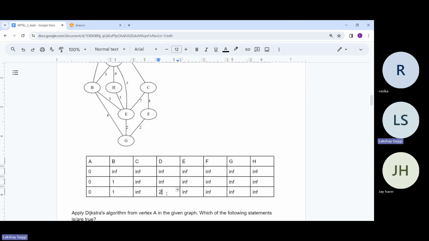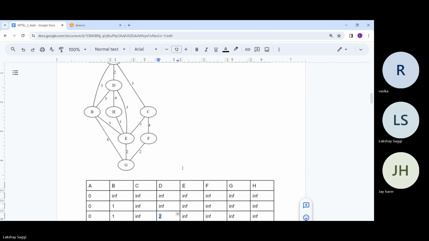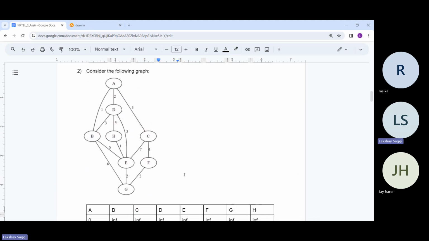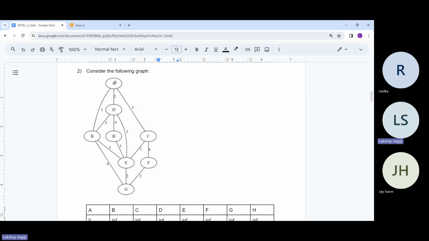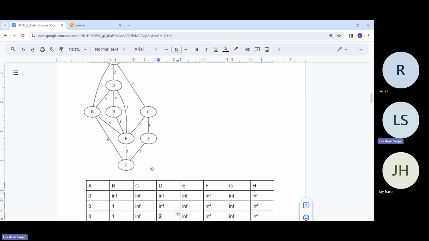So by the third time our algorithm runs, we have found out the distances of B and D from the source. Now in the next pass, we'll again look at the remaining vertices. The remaining vertices are C, H, E, F, and G. Out of these, which is the closest to the existing vertices?